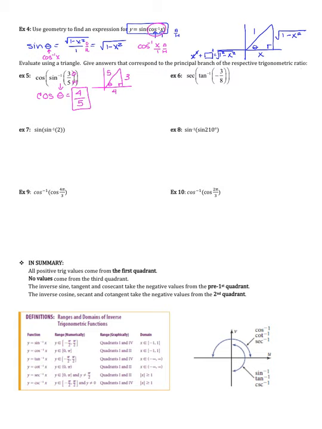Let's look at this next one. Secant of inverse tan of -3/8. We use our geometry. Now it's a negative ratio with tangent, so I go to my pre-first quadrant. Here's my theta. Tangent is opposite over adjacent. So notice that you have to determine, based on where x and y are positive and negative, where that negative goes. We know the 8, the adjacent in that quadrant, is positive, and the y value is negative.